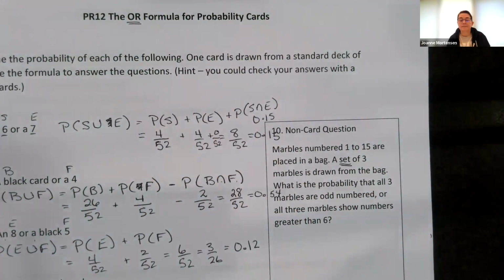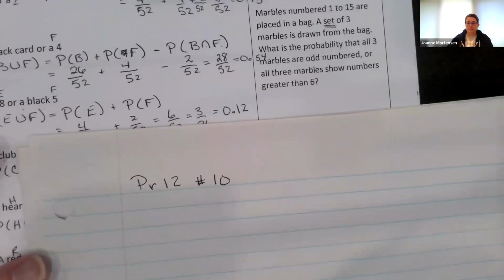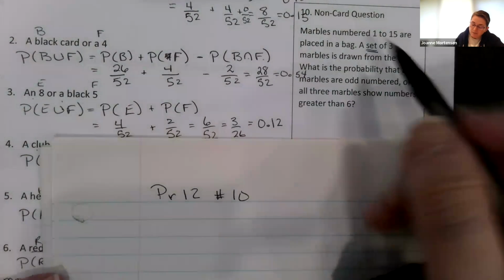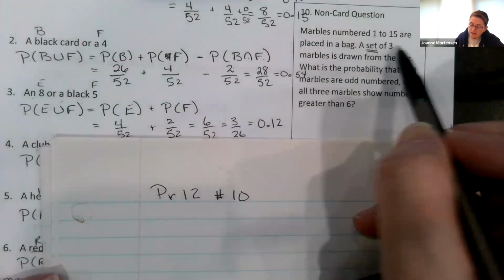And it's right there. Anytime you see the word set, in other words, when you're pulling a bunch of things out at the same time, you've got to be careful because you're going to have to bring back combinations. So I'm going to do this. Marbles are numbered 1 to 15 and they're placed in a bag.